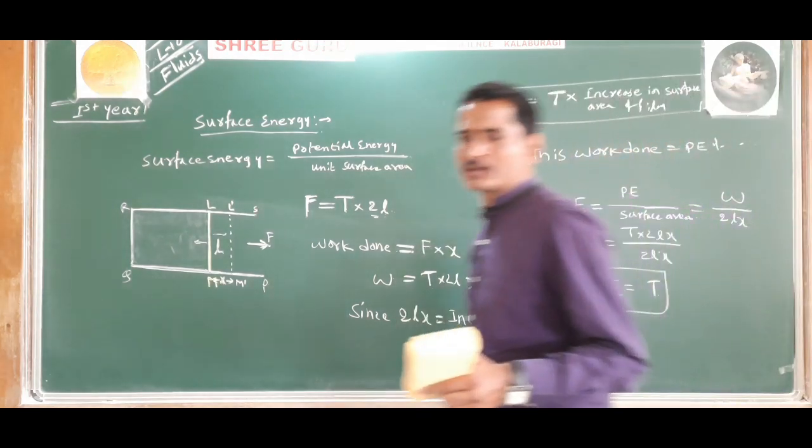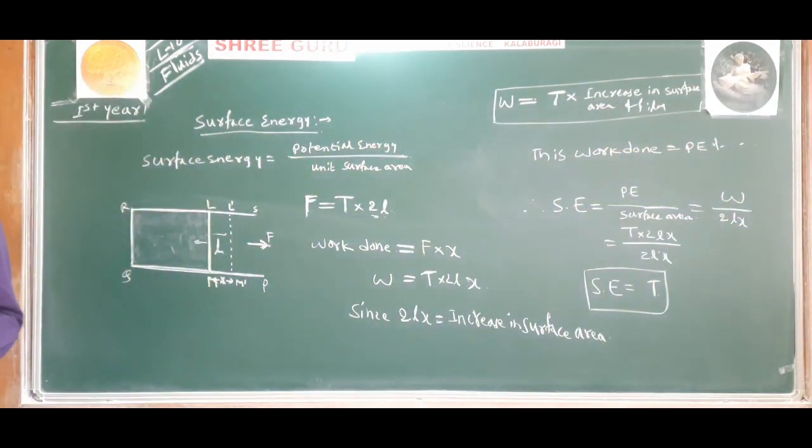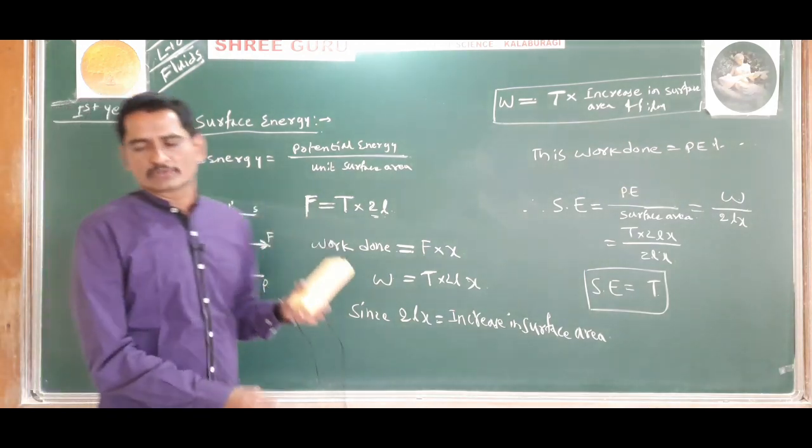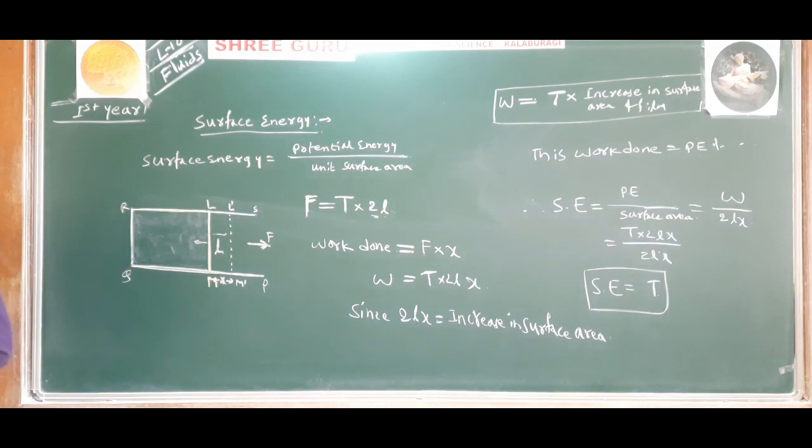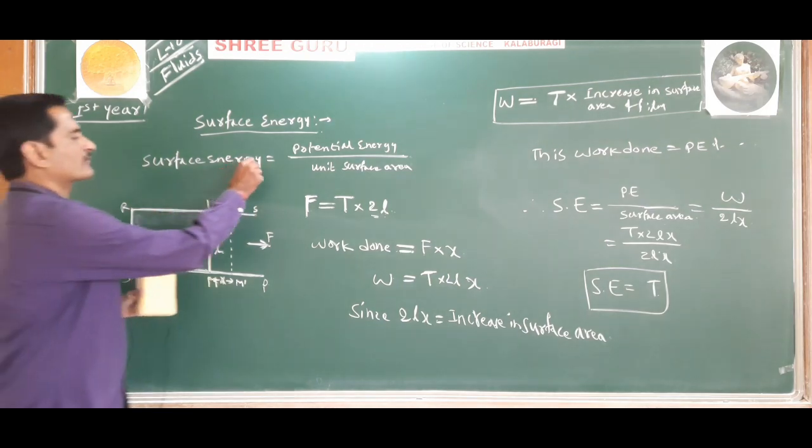That work done is also called surface energy. Understood? Okay. So this is about surface energy. Now the next concept we have to understand is the SI unit of surface energy.